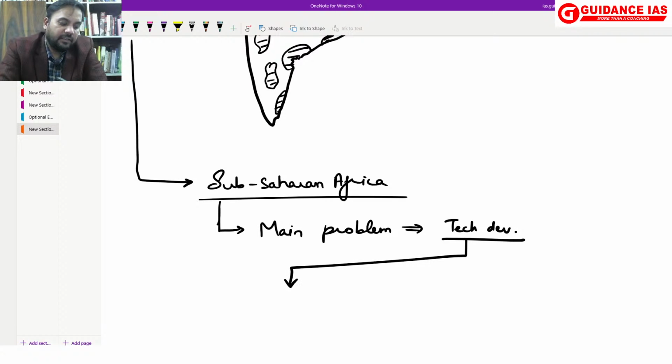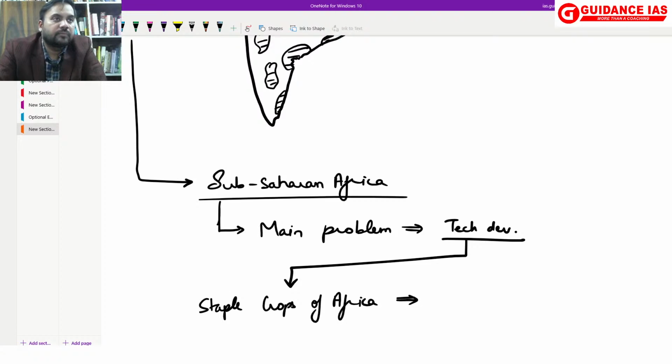Can I say that the crops of Africa, the main or staple crops of Africa, which are they? Tell me. Crops like tapioca, etc. Rice is not a staple crop of Africa. Maize is not a staple crop of Africa. Wheat is not a staple crop of Africa.